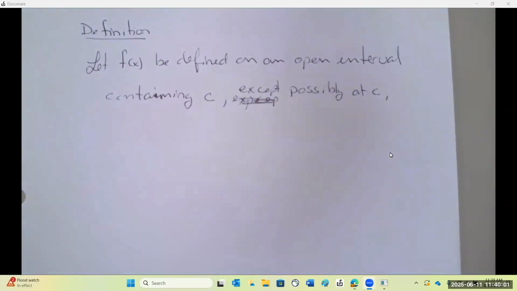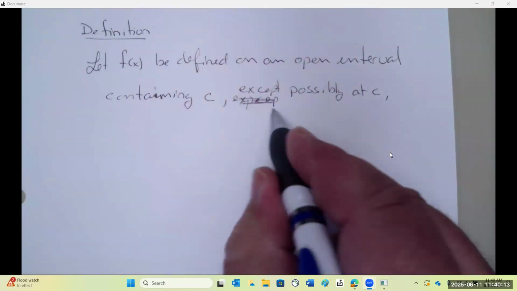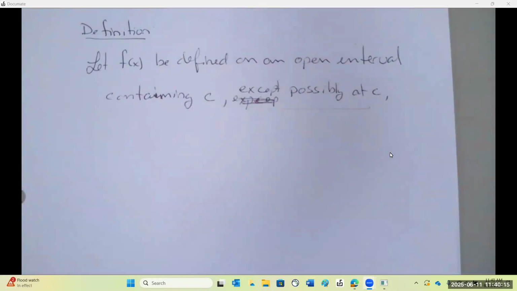The function has to be defined on the interval. And there's a c value inside there, but the function doesn't have to really exist at that c value. It just has to be within that interval. Because this is going to be the crux of what we're trying to do here.